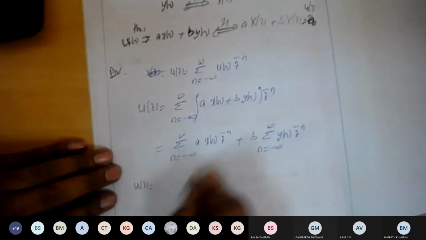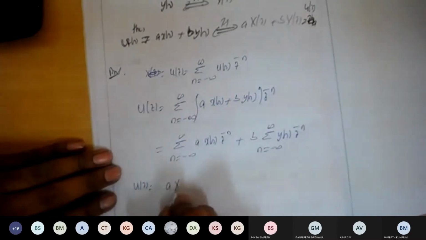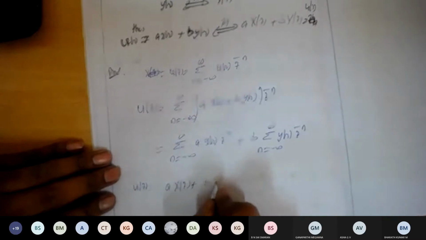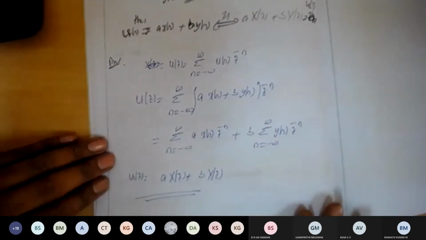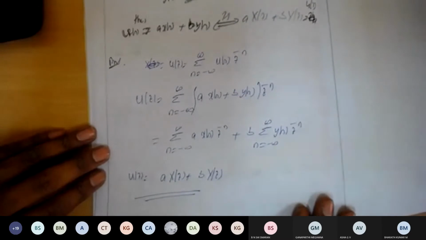So this becomes a into x of z plus b into y of z. This is the proof of the linearity property.